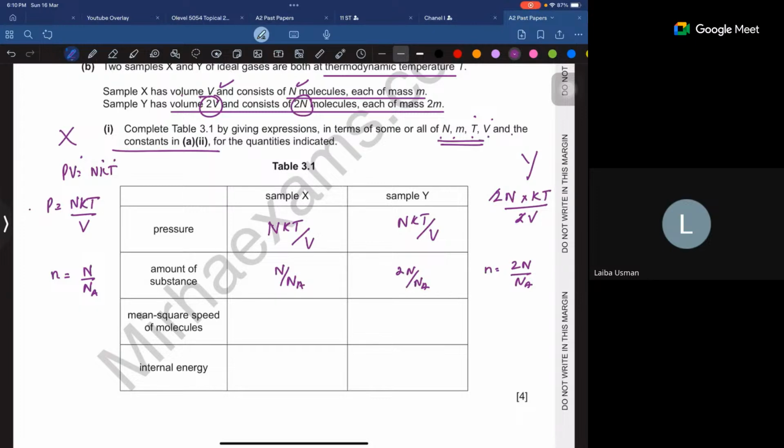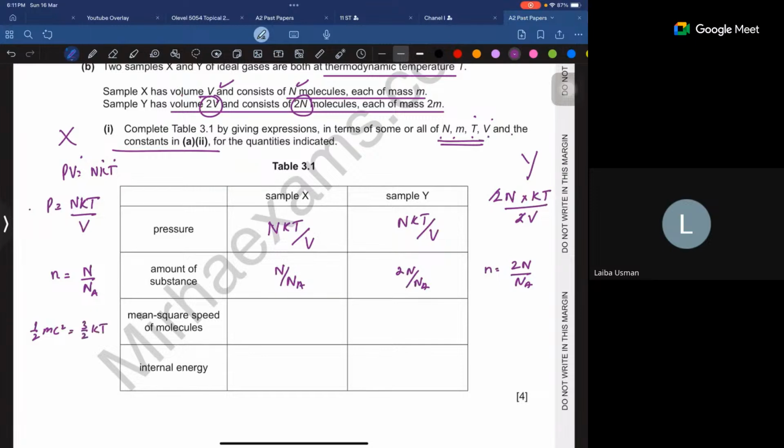Then comes mean square speed of molecules. If you remember, mean square speed of the molecule, they're talking about the molecules, not the gas itself. So I'm going to use pV equals 3 by 2 kT, right? If you remember the formula, I hope you do. In fact, we're not going to use this. We're going to use kinetic energy equals half m c square equals 3 by 2 kT.